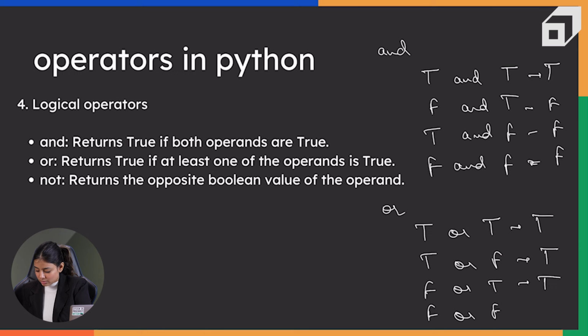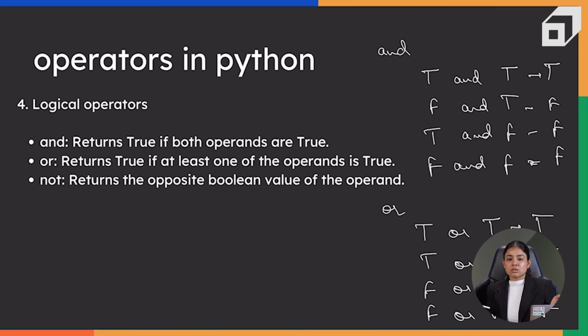False or false will give me false, because this has none of the operands as true. And not returns the opposite Boolean value of the operand. So basically, if a value is true and I say not true, that will give me false. If I say not false, that is true, and so on.